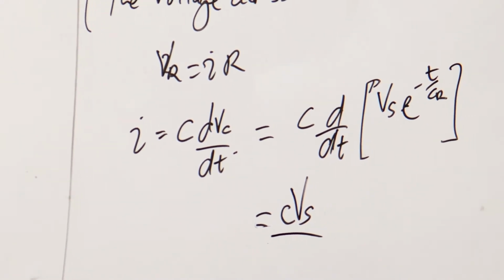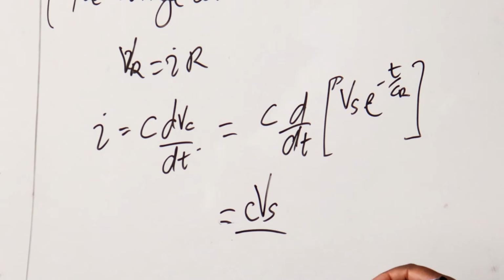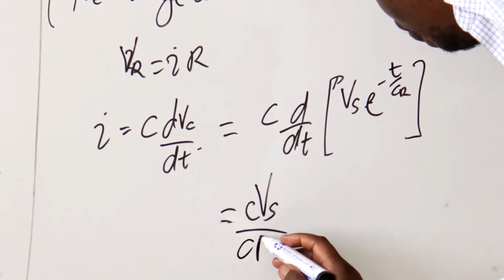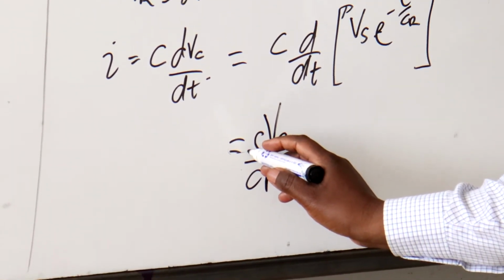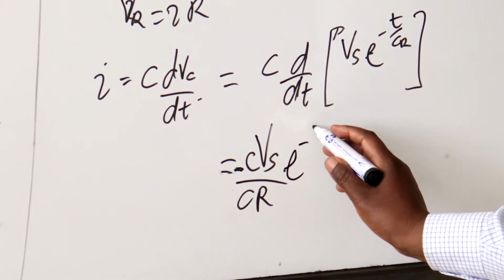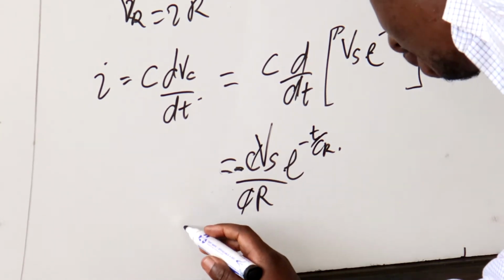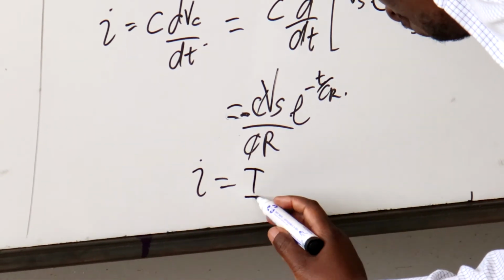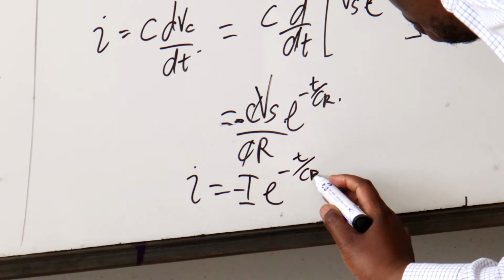If we differentiate that, we shall be getting CR in the denominator, but it's a minus because of the minus t over CR in the exponent. C and C cancel. That means our I is supposed to be Vs over R times e to the minus t over CR.